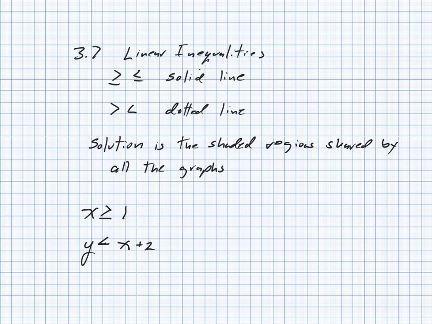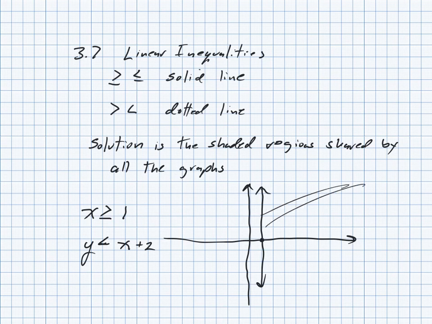So let me graph the first line. Now, if they're not in slope-intercept form, you might just go ahead and put them in there. The x is greater than or equal to 1 is a vertical line going through x equals 1. Looks kind of like this. And we're going to shade the greater than. So that's going to be this area here.